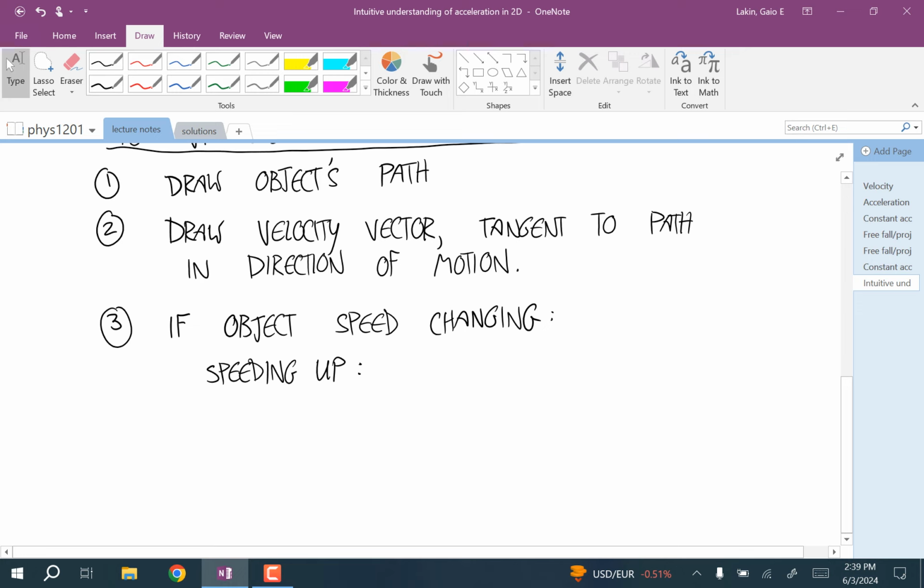And if it's speeding up, then draw a part of the acceleration that's parallel to the velocity. I'm going to call it A parallel, like this. If it's speeding up, it's going to be in the same direction as the velocity vector.